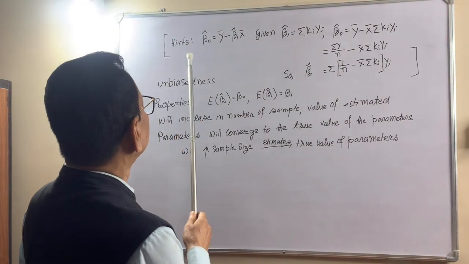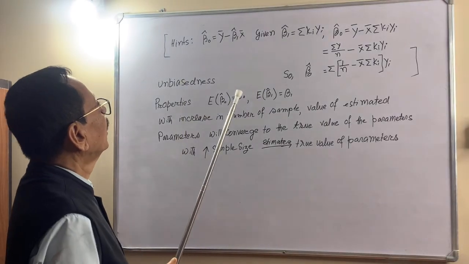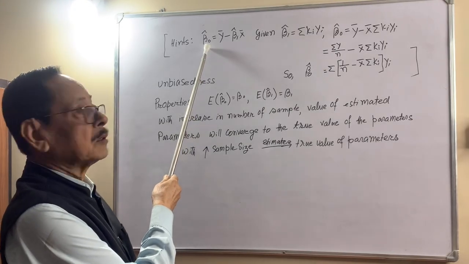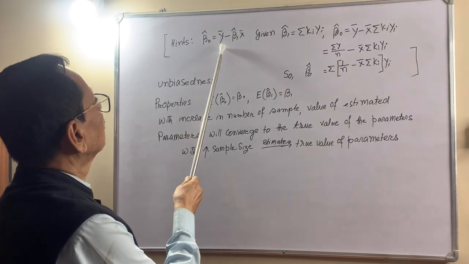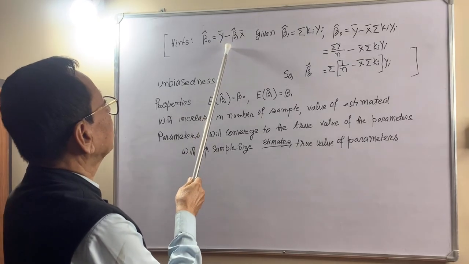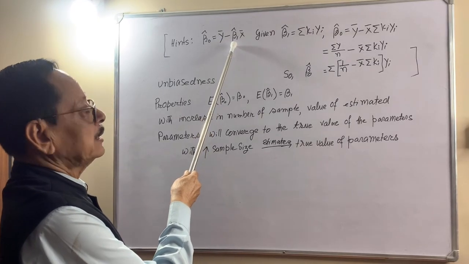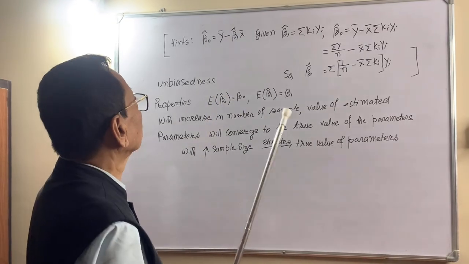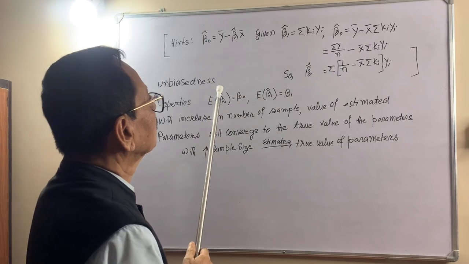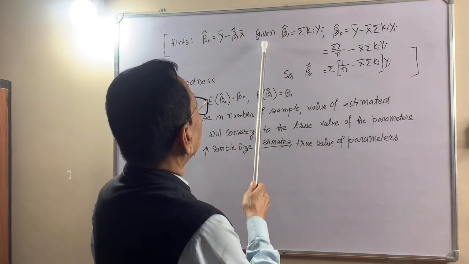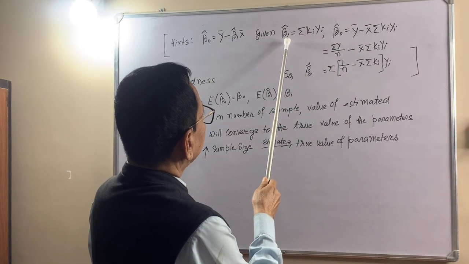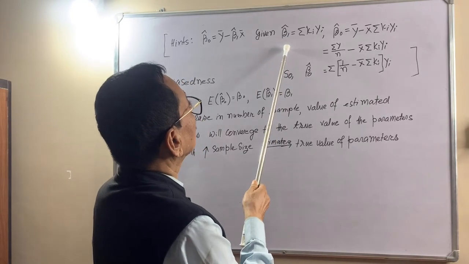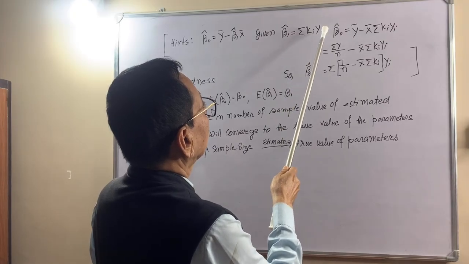There is a little hint: we have got estimated beta naught, the intercept, equal to y bar, the average of y, minus the estimated regression coefficient multiplied by the average of x. Now this can be expressed as this. Similarly, estimated beta 1, the regression coefficient, is equal to summation ki yi.